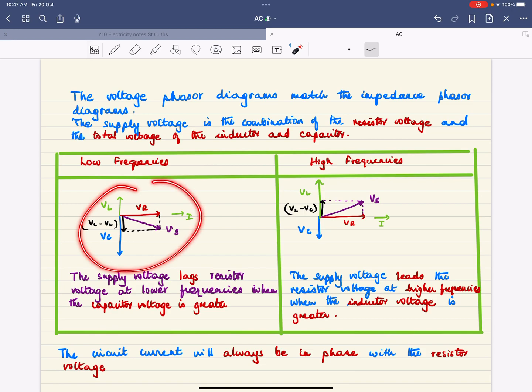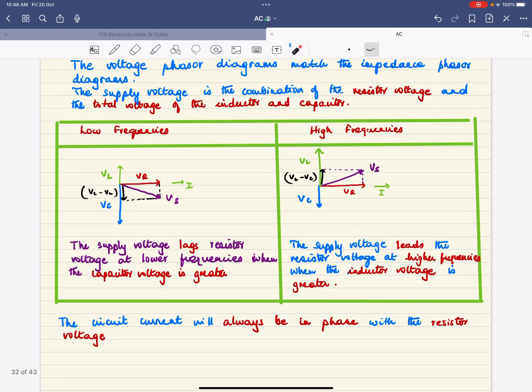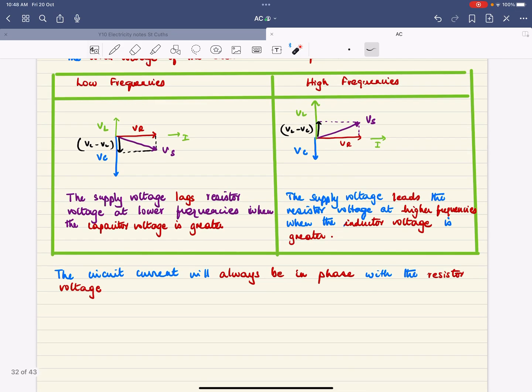At low frequency, you have the supply voltage lagging the resistor voltage because the capacitor voltage is greater. But at high frequencies, the supply voltage will lead the resistor voltage because the inductor voltage is greater, so you have your resultant pointing this way. The circuit current will always be in phase with the resistor voltage.